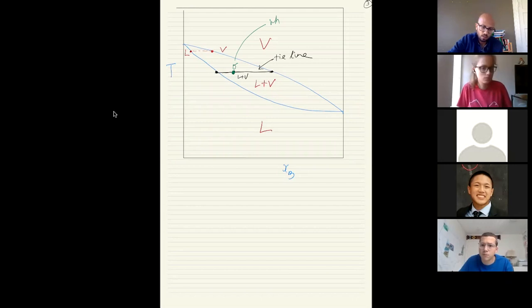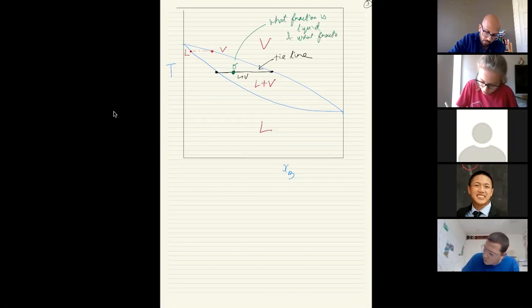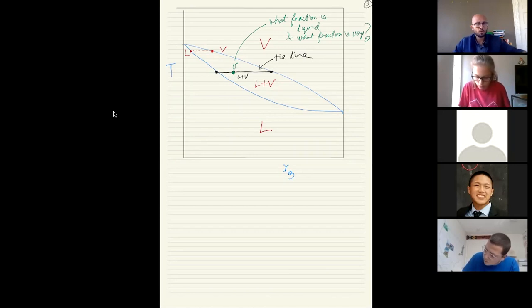But how much? What fraction is liquid and what fraction is vapor? How do we answer that? That's useful, right? Because that tells you how much liquid and how much vapor you will have. If you look at the phase diagram, if you could quantify that, that would be a really super powerful phase diagram because you can directly read it out.